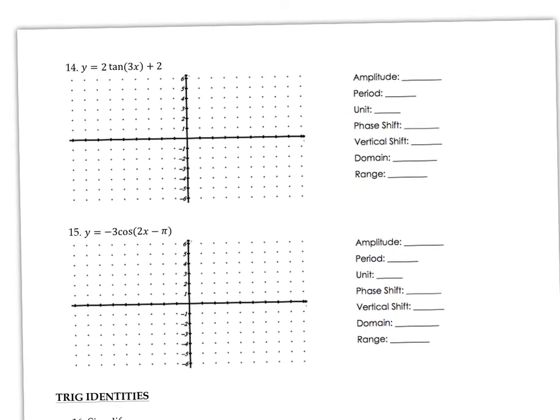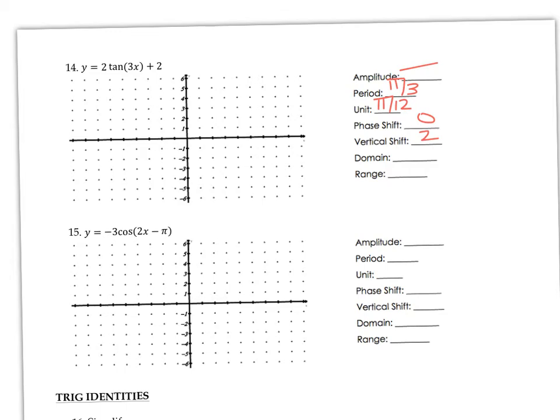Alright, tangent. Amplitude, there isn't one. Period is pi over b, so pi over 3. Unit is pi over 3 divided by 4, which is pi over 12. Phase shift is 0, and vertical shift is 2.